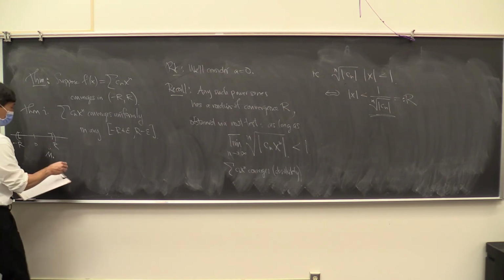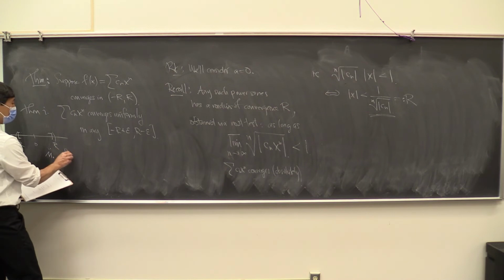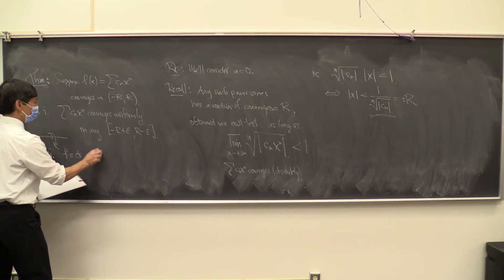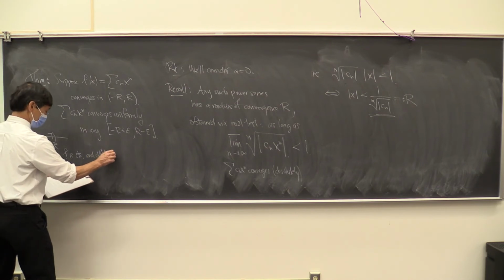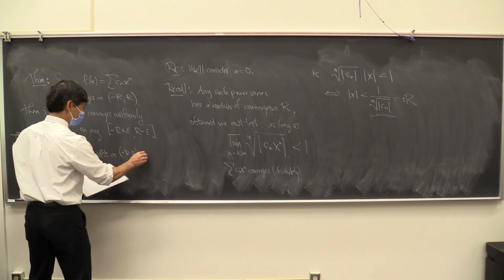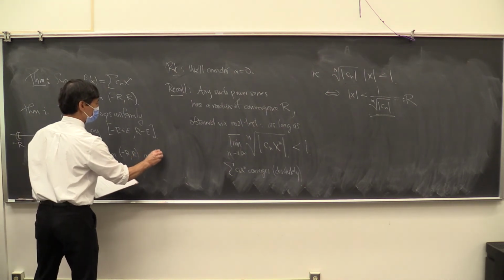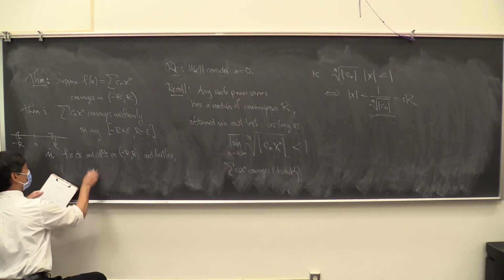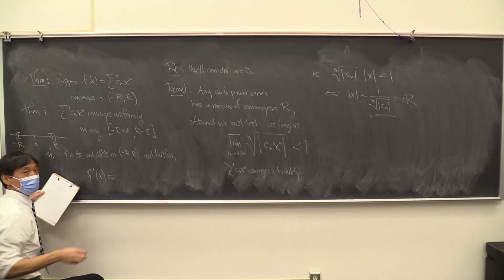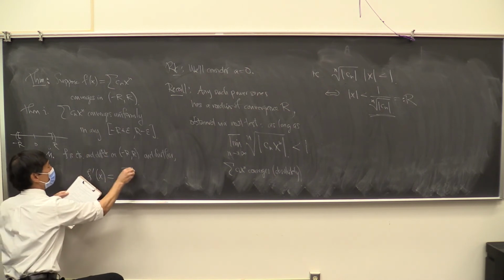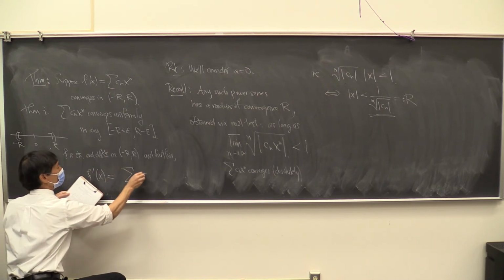Part 2: f is continuous and differentiable in (-R, R). And further, its derivative has a power series expansion, and the power series expansion is obtained by differentiating that term by term.